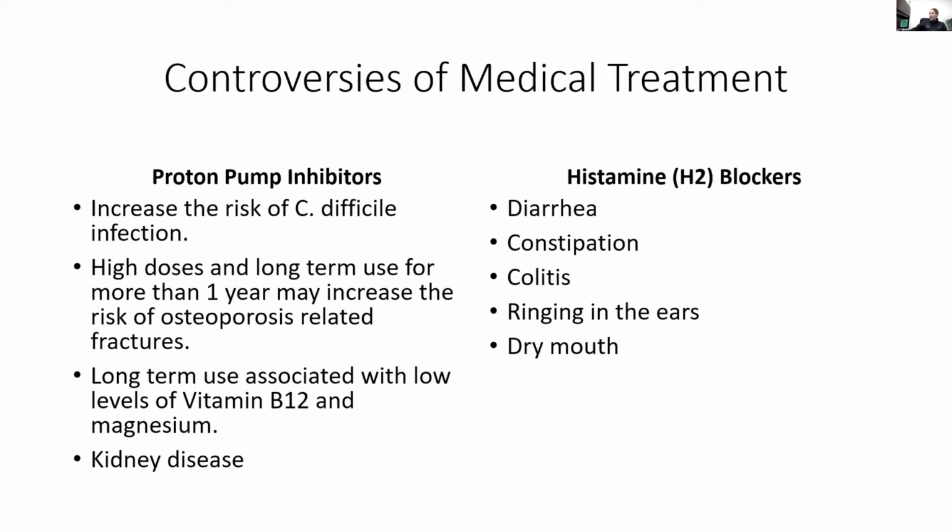Histamine blockers tend to have side effects of diarrhea and constipation. They can also cause colitis, ringing in the ears, and dry mouth. Because of a lot of these long-term side effects, there has been a change where now surgery is becoming more popular because people don't want to be on these medications.